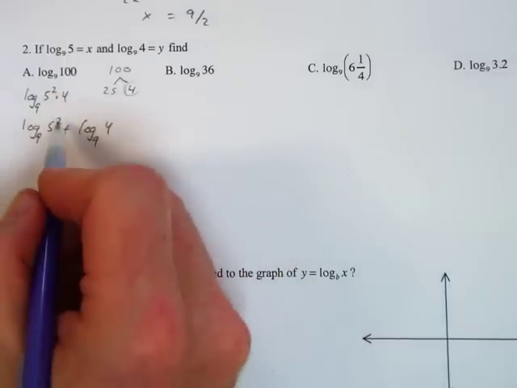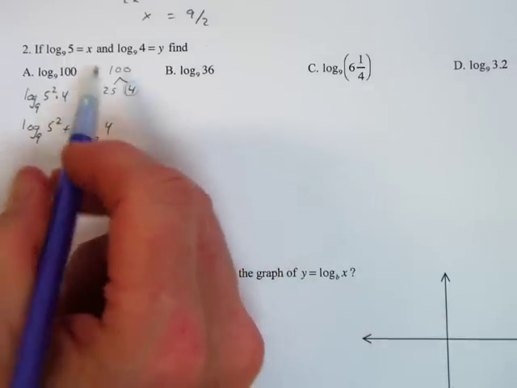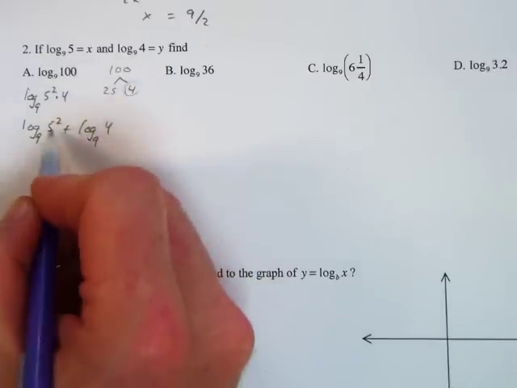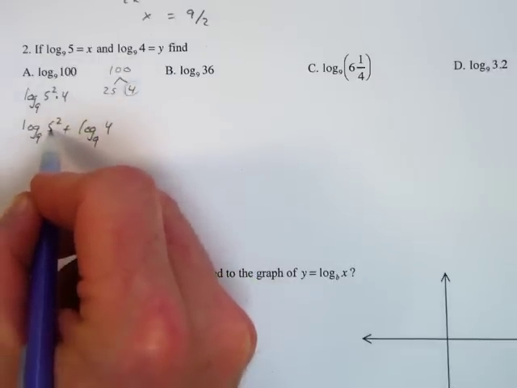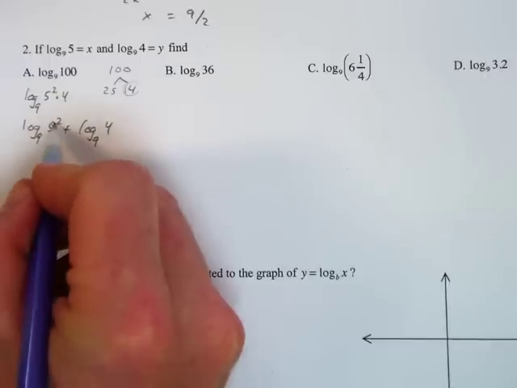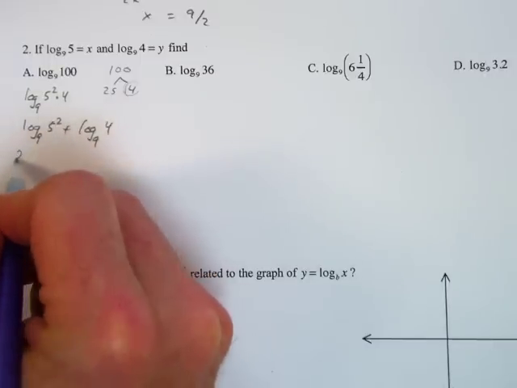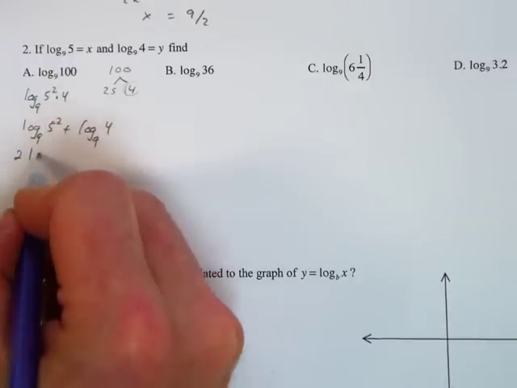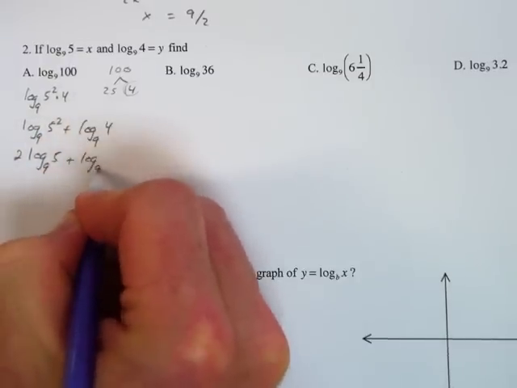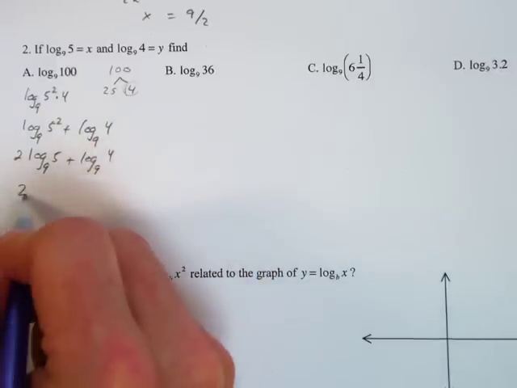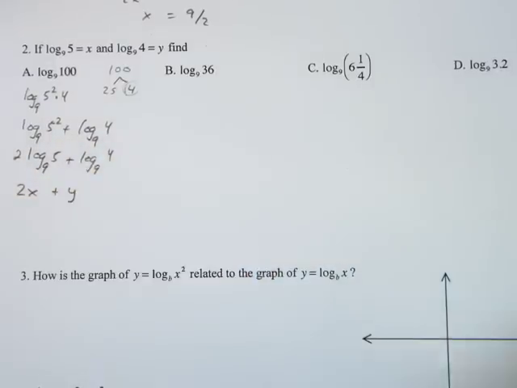Again, to emphasize this, I don't want you substituting in terms of these variables until you get it so it just says something times log base 9 of 5 and or 4. So we bring that 2 out in front. 2 times log base 9 of 5 plus log base 9 of 4. Now we could say that's 2x plus y.